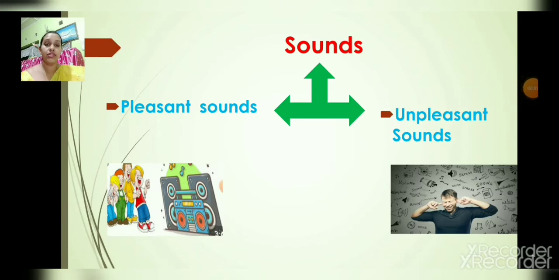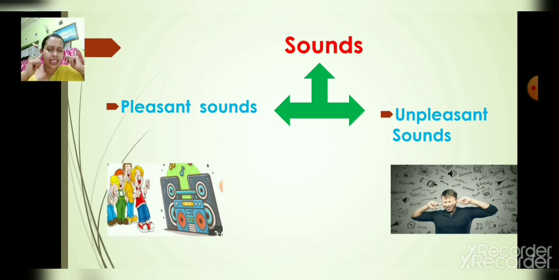Again, sounds are categorized into two sections, that is pleasant sounds and unpleasant sounds. Look at the first picture. Are they smiling? Yes, they are in a happy mood. So pleasant sounds are nice, enjoyable and attractive. Unpleasant sounds.